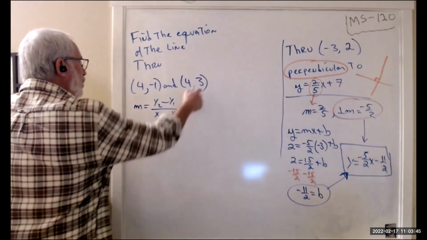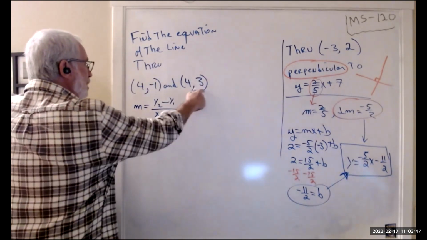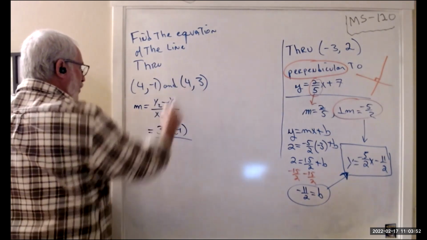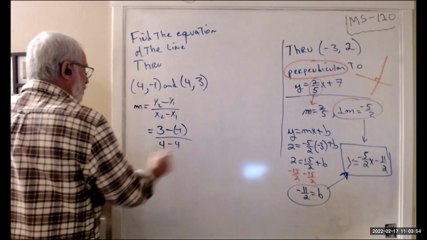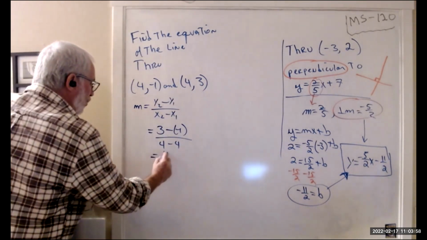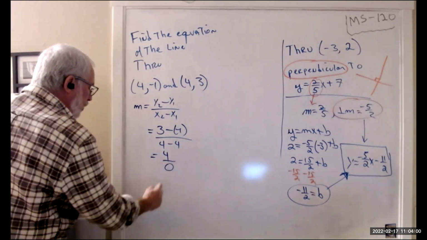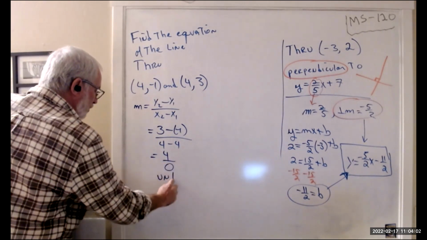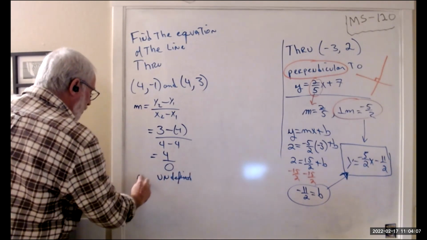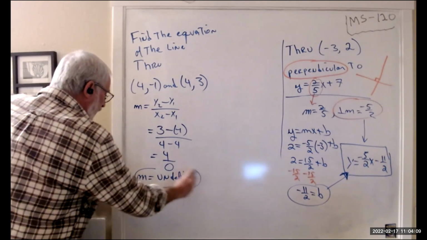Cool. So you go y2, which is 3 minus a negative 1 over 4 minus 4. So that gives me 4 over 0, which is undefined. My slope is undefined.